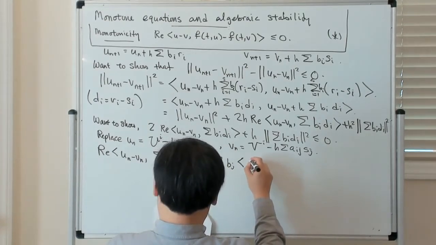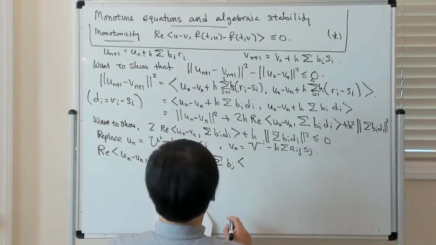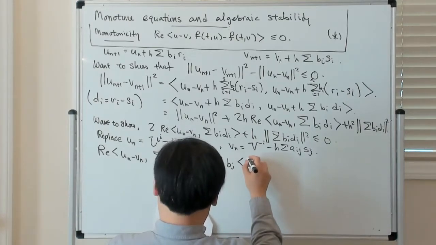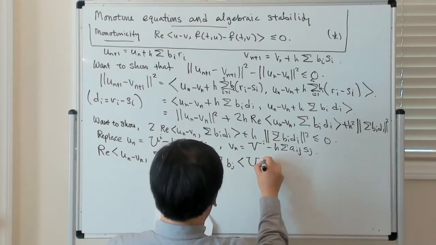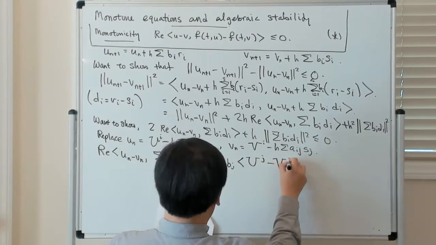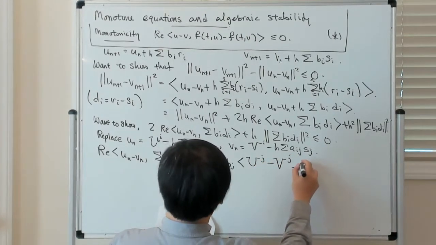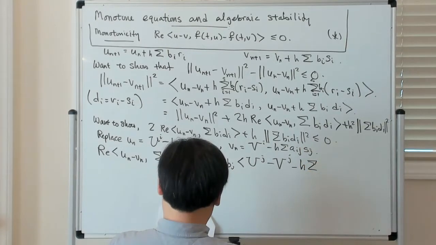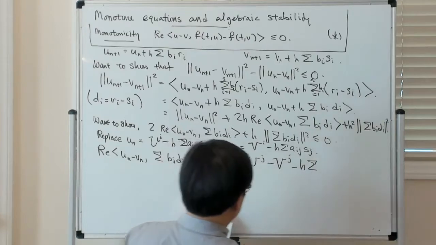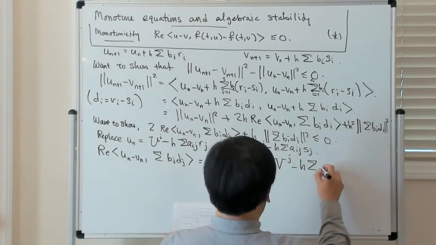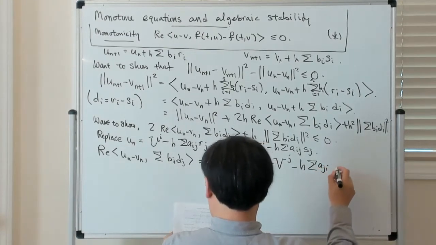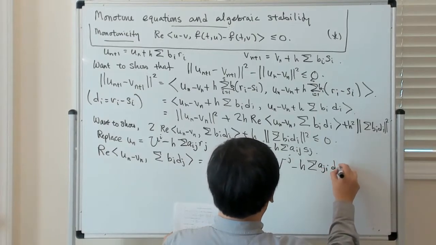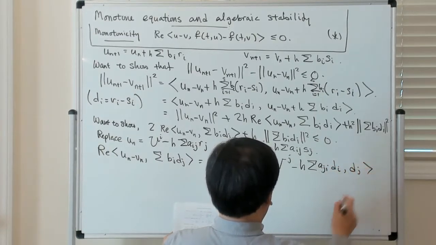So this is going to be uj minus vj minus h, the sum over i of aji di, paired with dj.